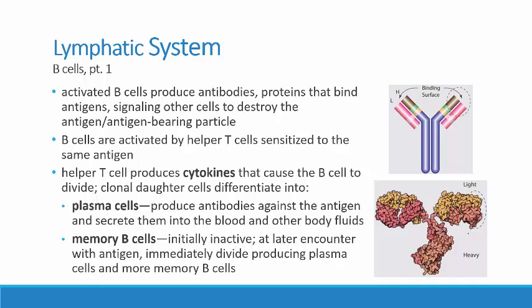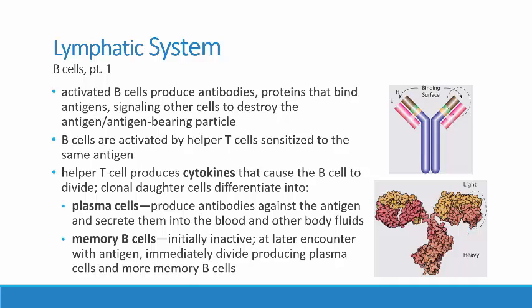T cells provide cellular immunity by attacking self cells that have become cancerous or have been virus infected. Okay, so now let's look at the B cells.